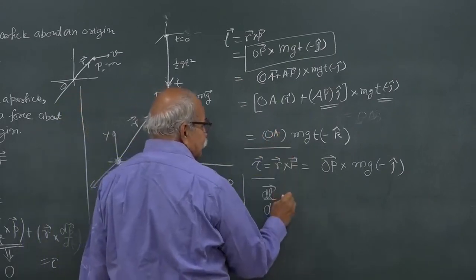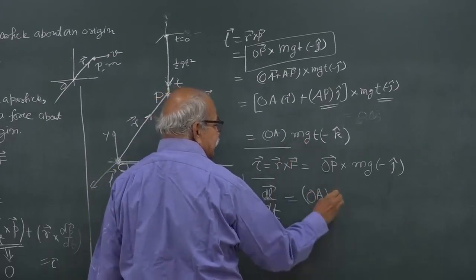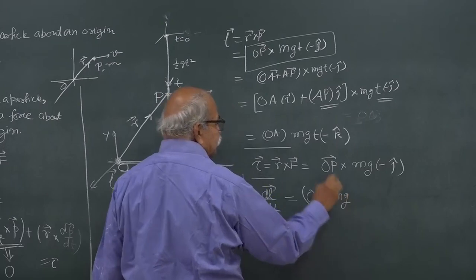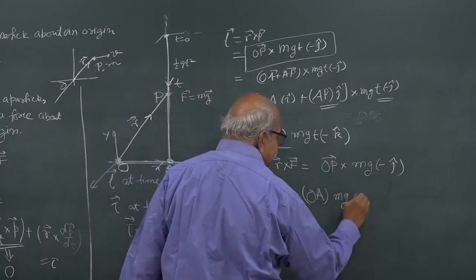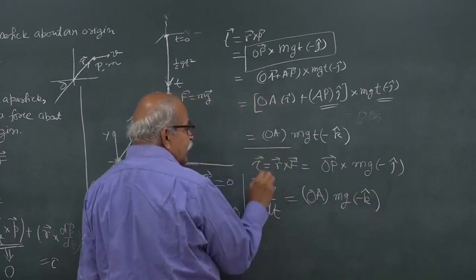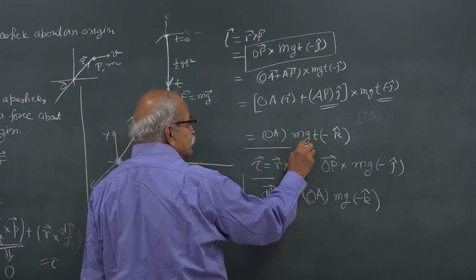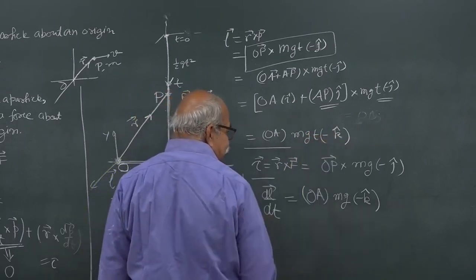So, this is OA and then mg is fixed and differentiate t with respect to time. So, it is 1, so it is minus k cap. So, OA into mg and then minus k cap.